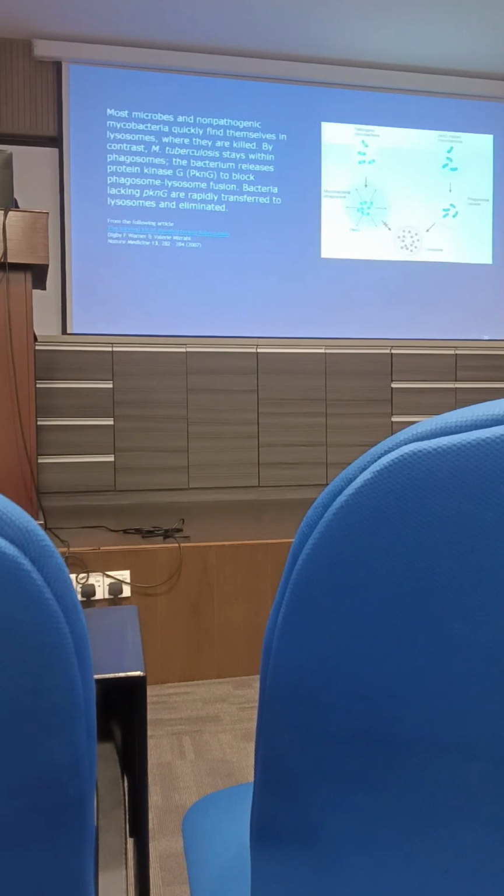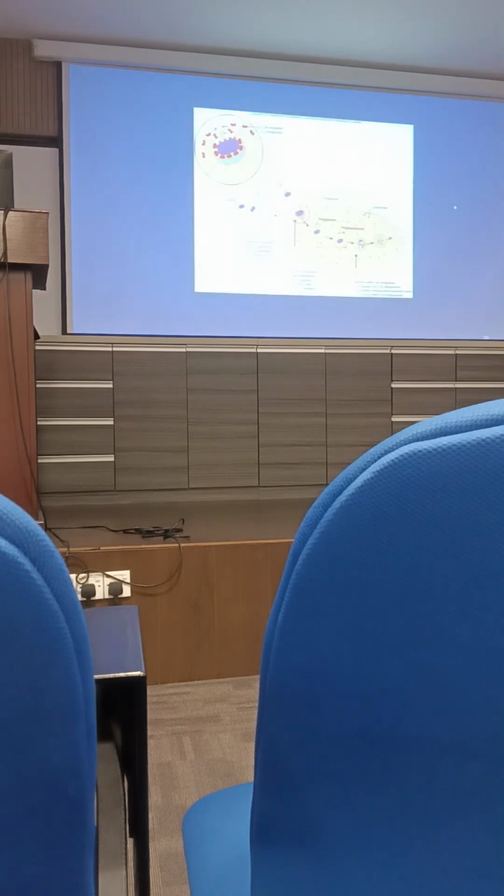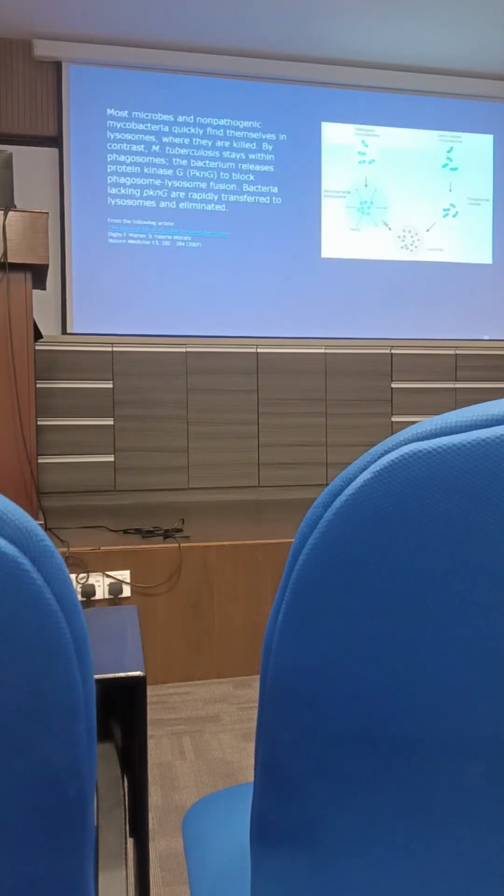is shown on the right side in blue. The bacteria is mutant for PknG. So this is what happens in the normal healthy case, like the previous example. The bacteria goes in and forms a phagosome, the phagosome fuses with the lysosome, and the bacteria can be killed.